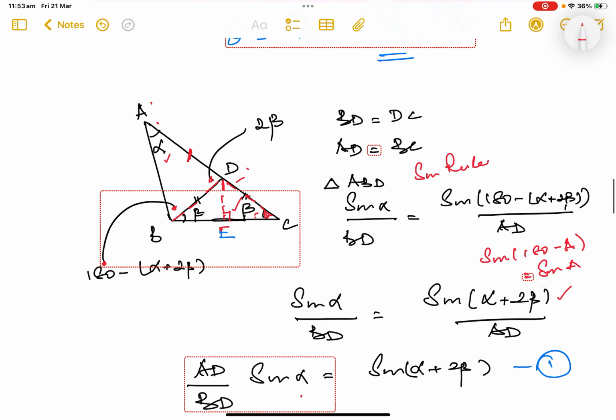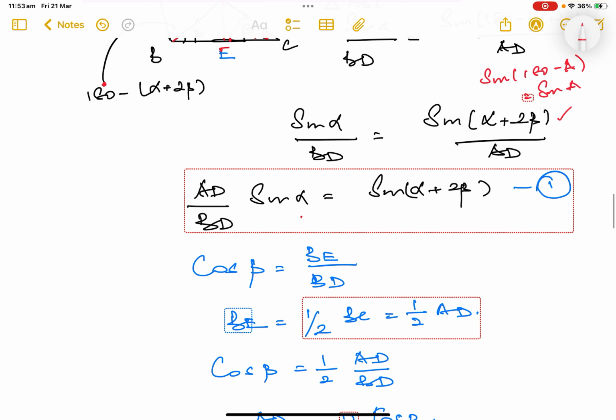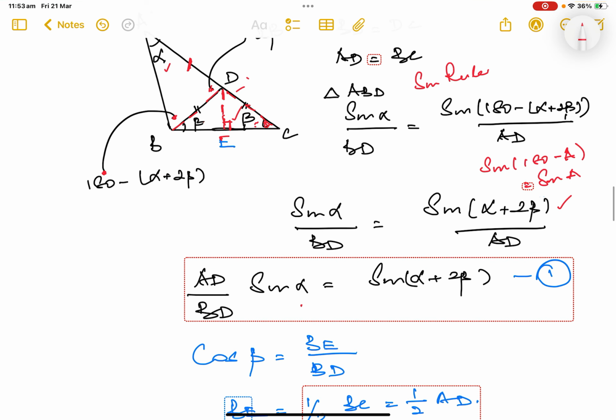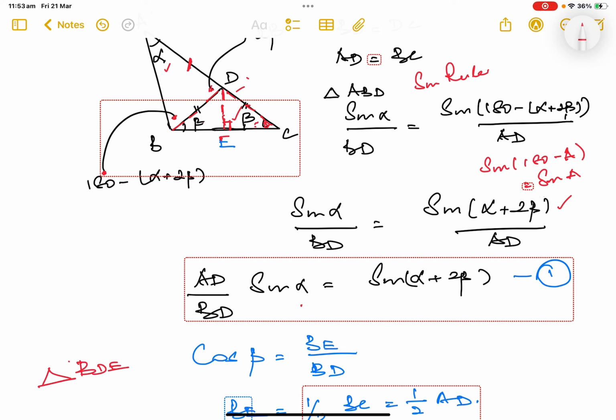Now I did this construction for a purpose. This is a perpendicular from D to the side BC that meets at E, and because of the isosceles triangle, that perpendicular will split BC in half. Taking triangle BDE, this is a right angle triangle.